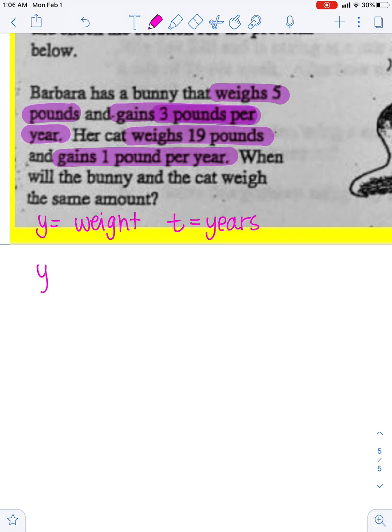So I know that the bunny's weight, so y, is going to be equal to 3 times the number of years plus the 5 pounds we started with.